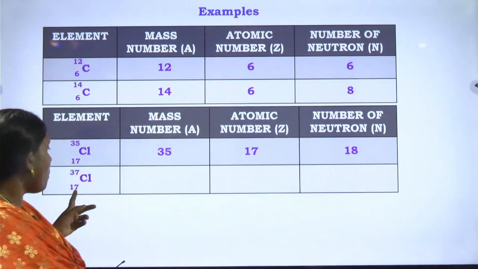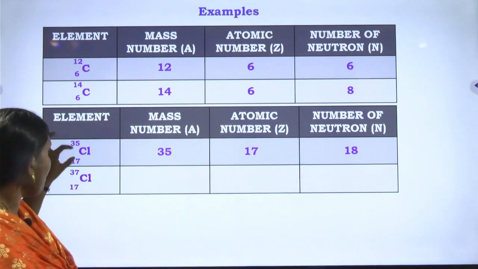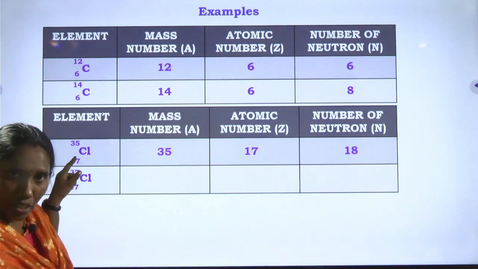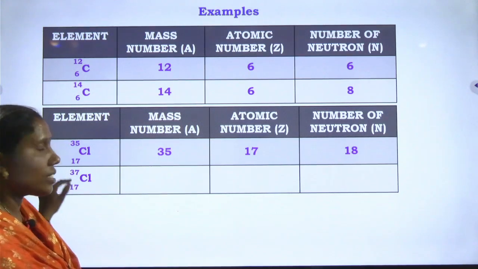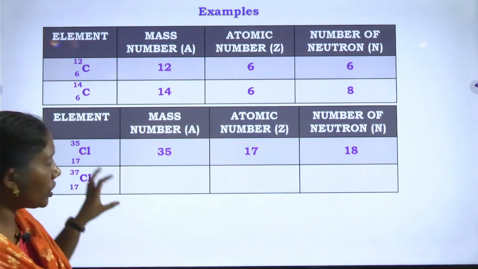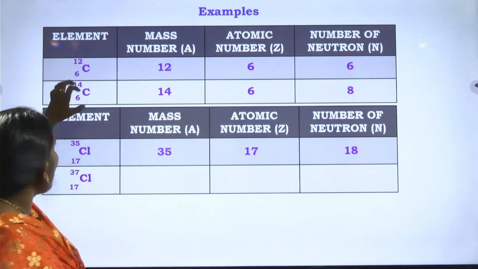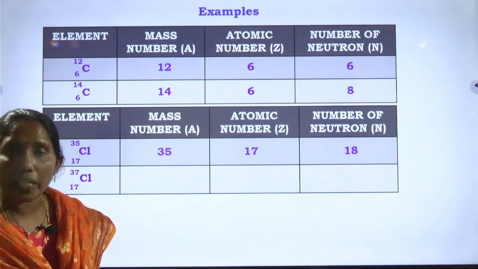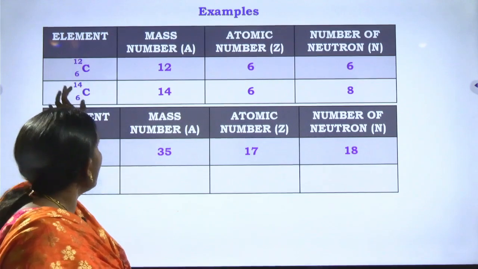See another isotope of chlorine, chlorine 17 37. So we have chlorine 17 35 and chlorine 17 37. Same element chlorine, same atomic number 17, but differing in the mass number, 35 and 37. So these two are said to be isotopes to each other. Even in carbon, C 6 12 and C 6 14, carbon is the same and the atomic number is the same, but they differ in mass number, 12 and 14.